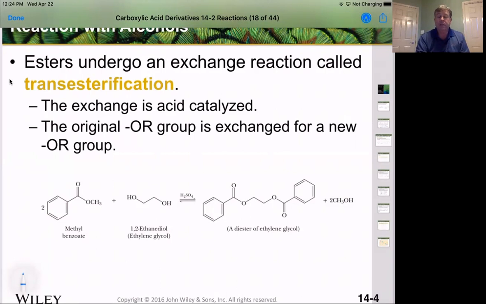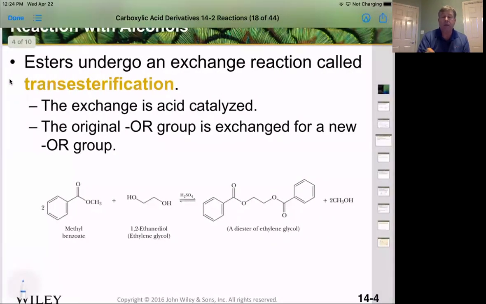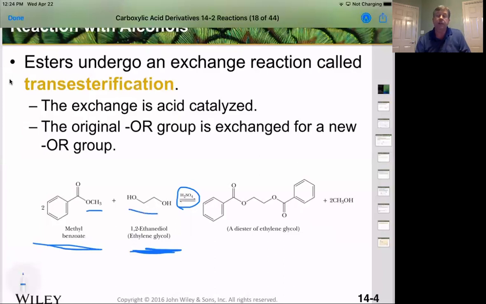So in the case of this reaction here, we have a methyl ester of this benzoic acid, and we're reacting it with an alcohol which has a much higher boiling point, okay? So the idea here is by adding a catalyst and then our acid here, we can convert this methyl ester into this glycol ester, and we'll liberate methanol.